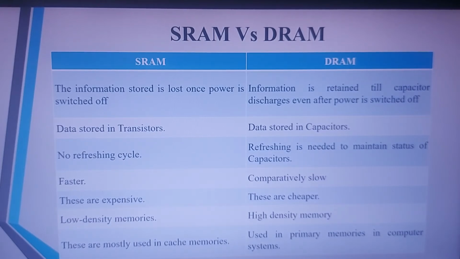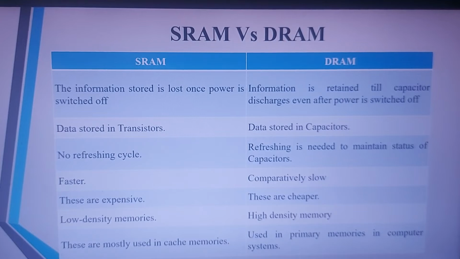During that small amount of time, the data will be retained. After that, it will lose the data because there will not be any refresh cycle once we switch off the power. And if we don't refresh DRAM, then the data will be lost.